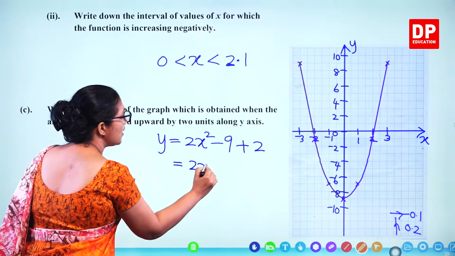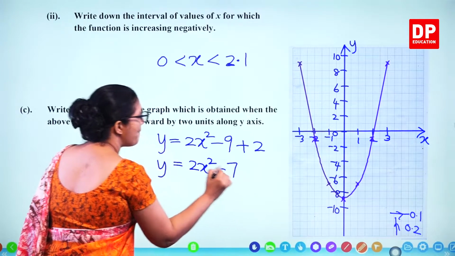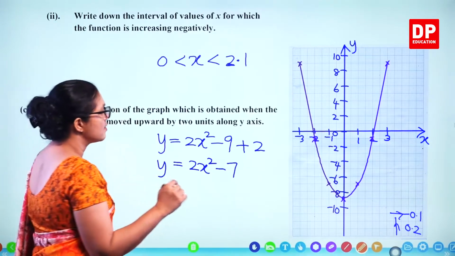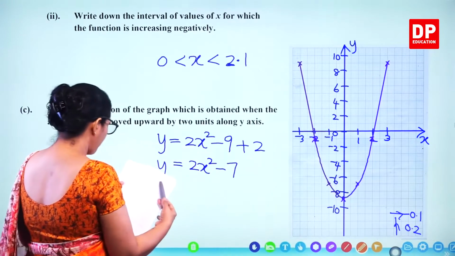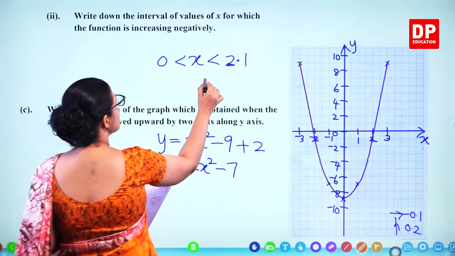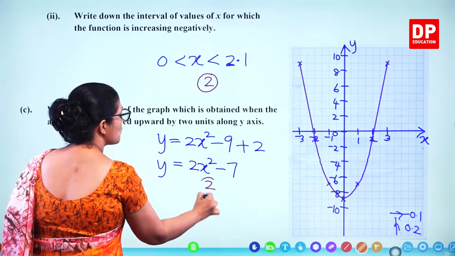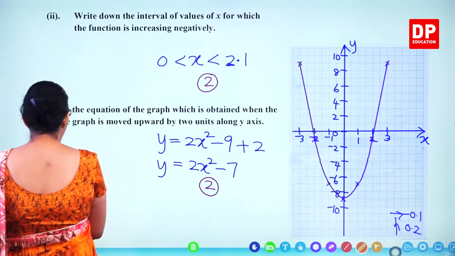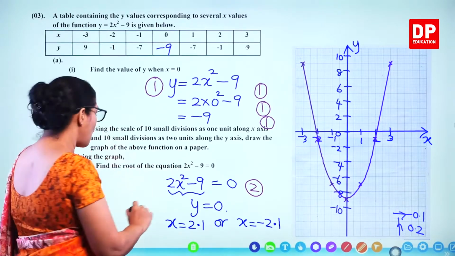So what's the new equation? Minus 9 plus 2, minus 7. So you are getting marks for that. 2 marks here and 2 marks for this one as well. So 4, 5, 6, 7, 8, 9, 10. So 10 marks for the graph question.